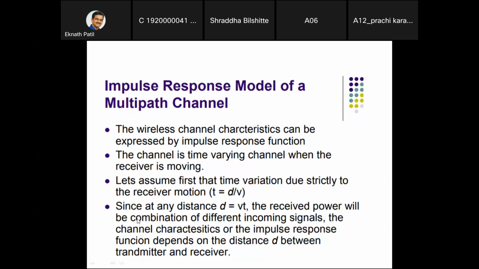Received power will be a combination of the different incoming signals. The channel characteristics, or the impulse response function, depend on the distance d between the transmitter and the receiver.